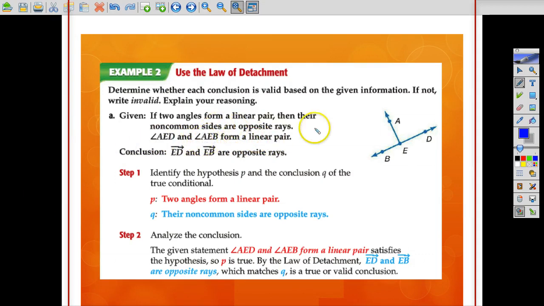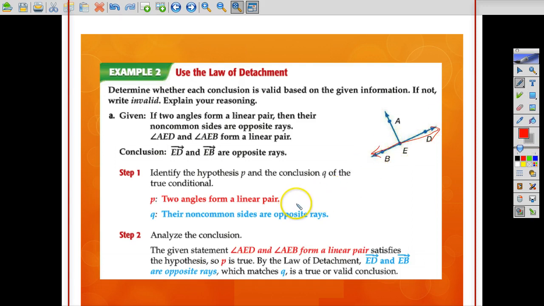Remember, a linear pair is a set of angles that form a straight line. So they do form a linear pair. Conclusion: ray ED and ray EB are opposite rays.